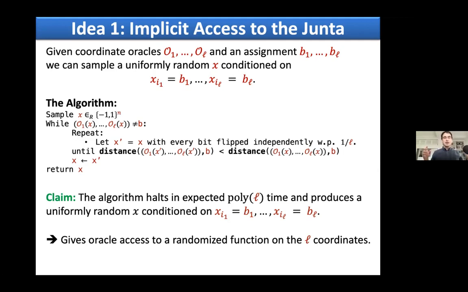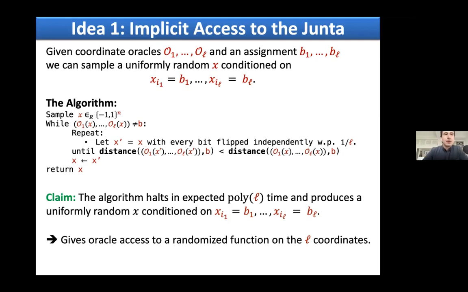So it gives us oracle access to a randomized function on the L coordinates. If the function was indeed an L-junta, this would be a deterministic function. But since the function is only correlated with an L-junta, for some of these assignments we would get a random bit that is maybe biased towards 1 or biased towards 0, and maybe even unbiased in some cases.